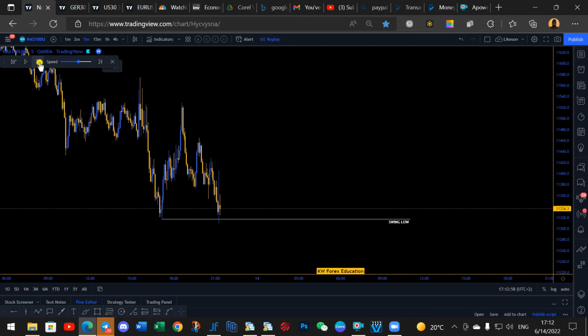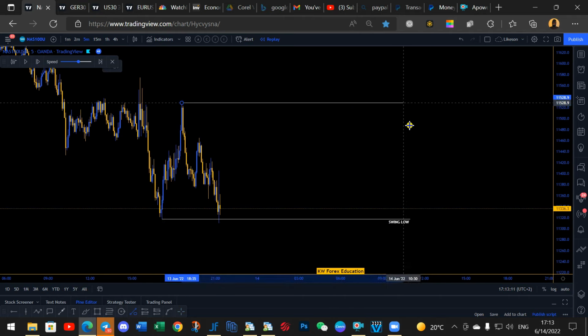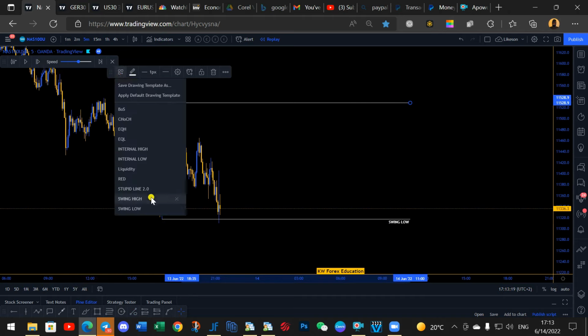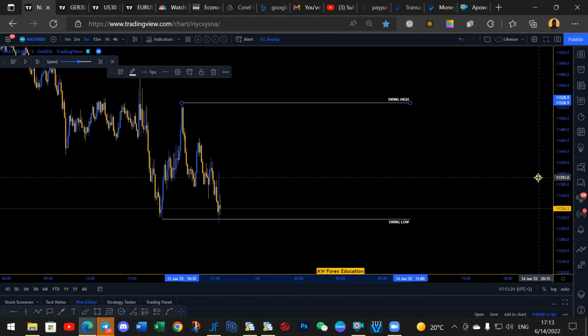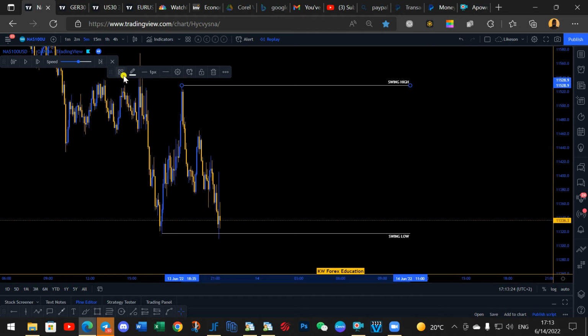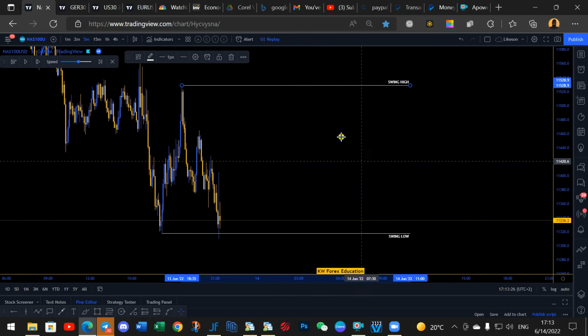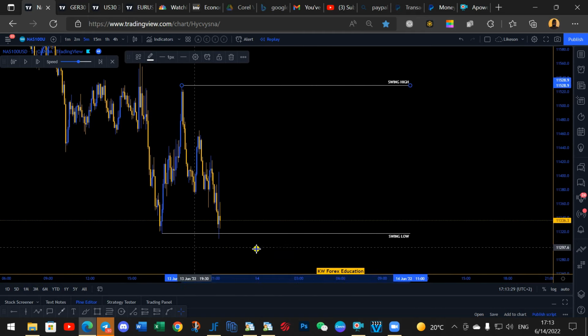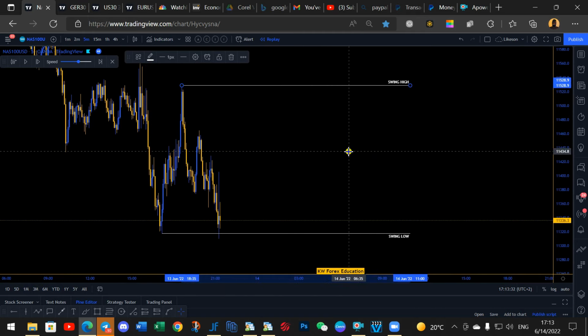After it got wicked out, that became my swing high. So after I had this range, I knew that I would have to look for those selling opportunities just from this range, right?